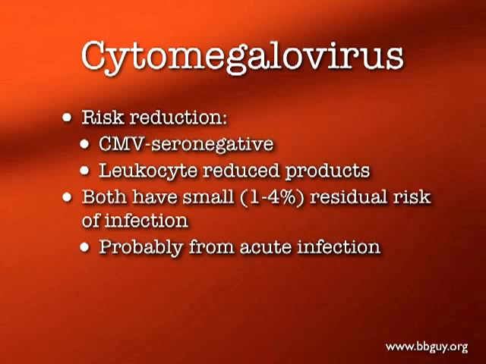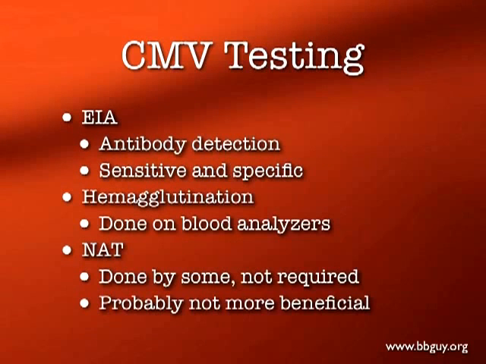So leukocyte reduction wouldn't help. And as a result of the fact that it's a very early infection, they might not have formed their anti-CMV antibody yet. So either strategy would be missed, and that's probably the donors that are at risk for transmitting CMV.